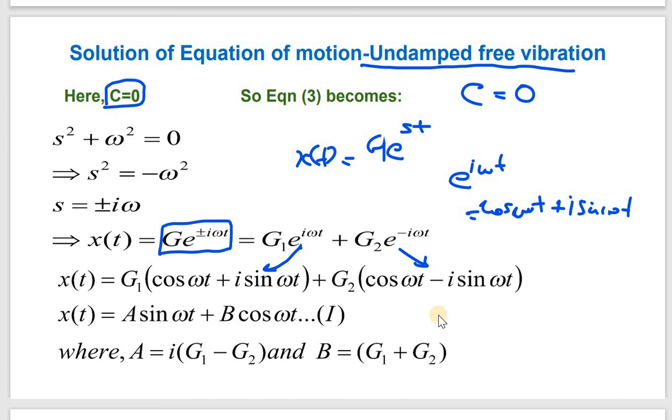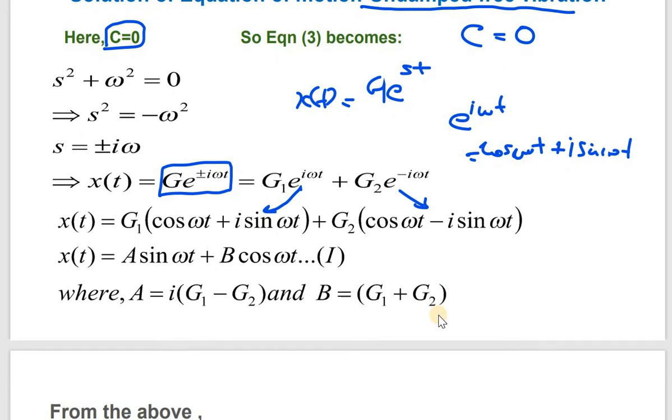Now here you can see there are cos omega t and sin omega t terms, so I am combining them. If I expand this, I have G1 cos omega t, and here also I have a cos omega t.